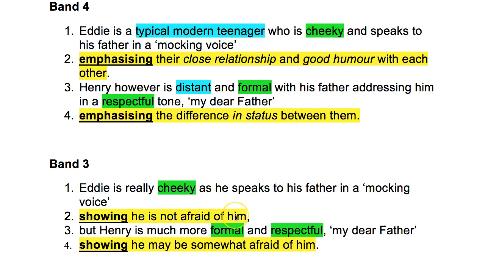He is not afraid of him. Now the second difference is that in the second explanation in the band 4 you make a separate point, something entirely new. Here it's about the character's status, whereas in the band 3 you really refer to the same sort of idea, not being afraid and being somewhat afraid. So the examiner is looking for you having different ideas in your explanation.